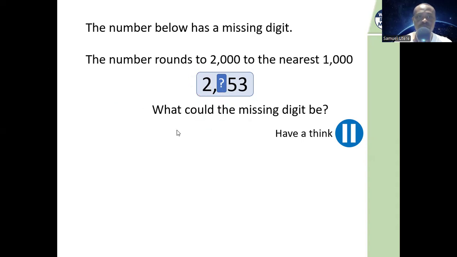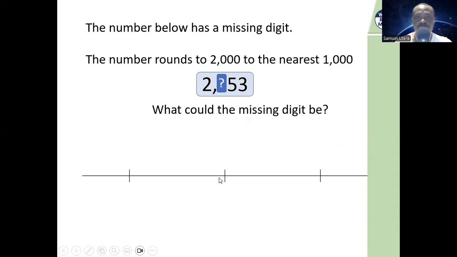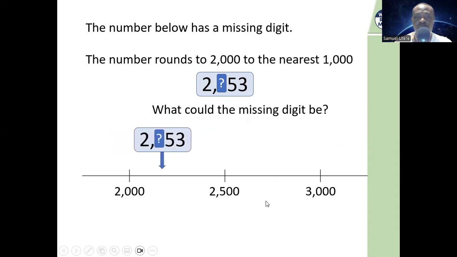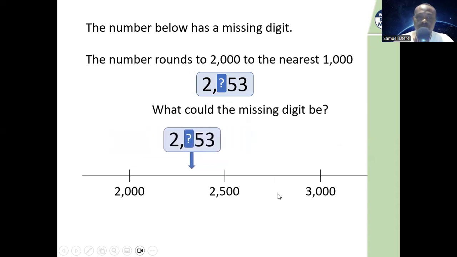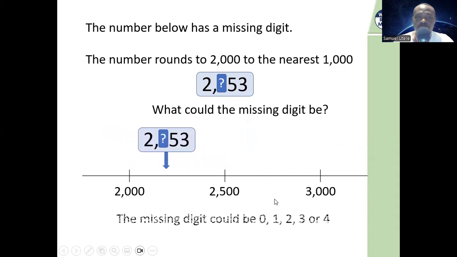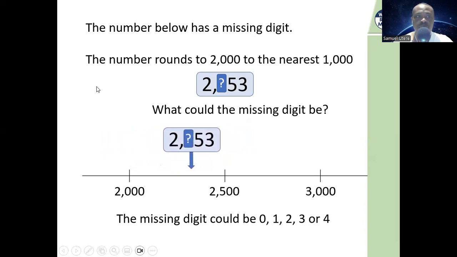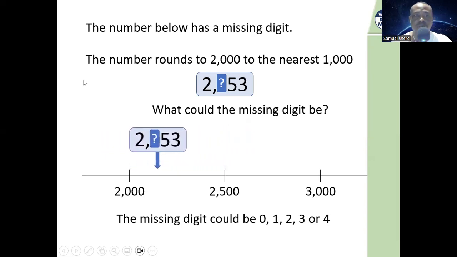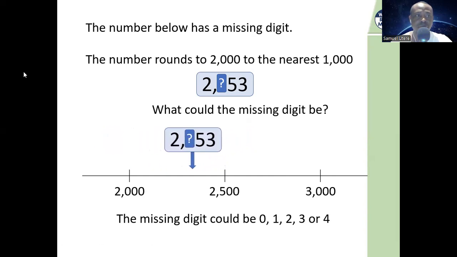So if we use our number line to help us, this is what we'll get. But you see, we could have figured it out without using our number line. So our digit has to be 0, 1, 2, 3, or 4. Because if it's 5 or above, from what we learned previously, it is going to round to the nearest 1,000 higher up, which is 3,000.